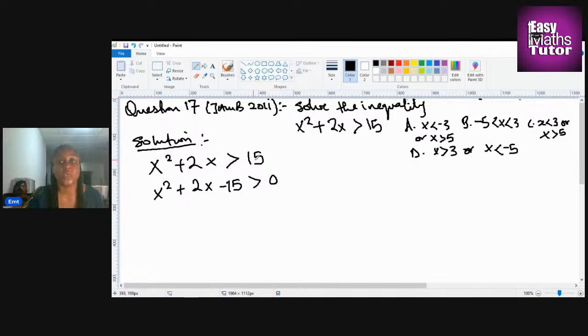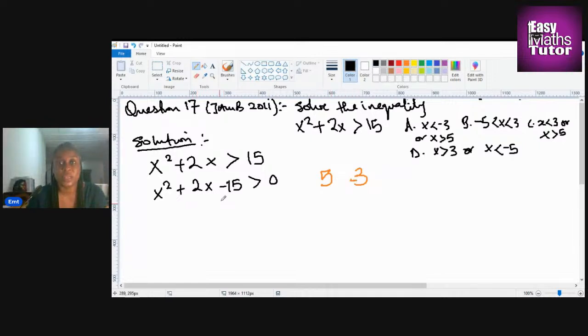We solve this like a quadratic equation. We look for two factors that multiply to give us minus 15 and add to give us 2. I know the two factors are 5 and 3, and we want to know which of them will be minus to give us plus 2. That will be minus 3.